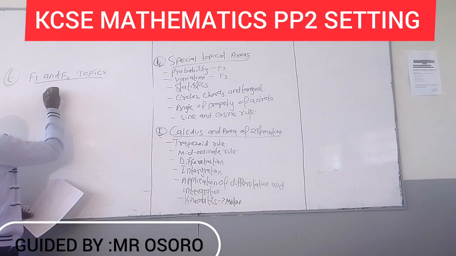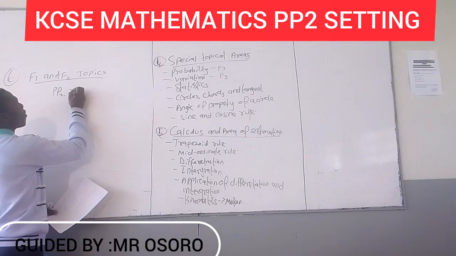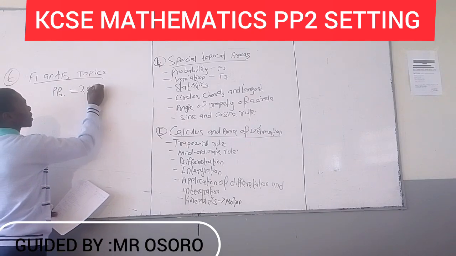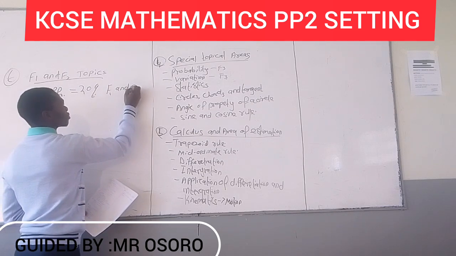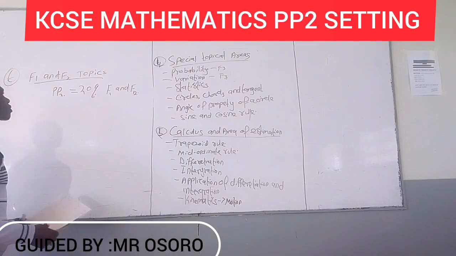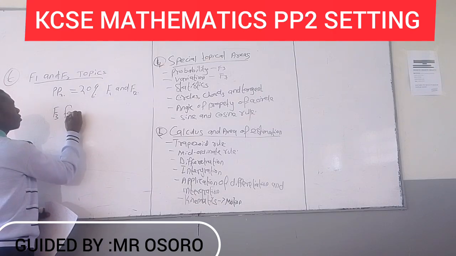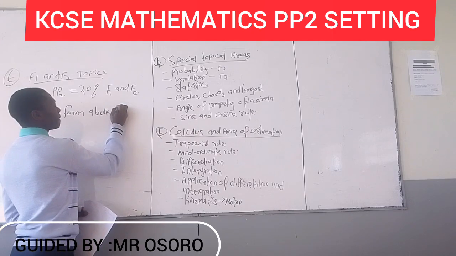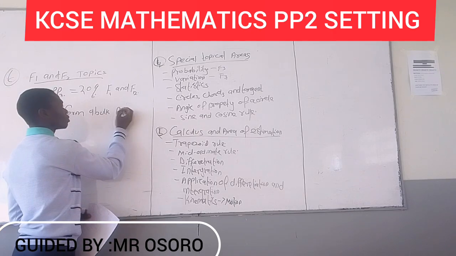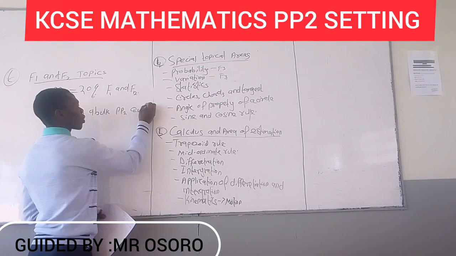You find that in Paper 2, they contain 20% of Form 1 and Form 2. At most, Form 3 and Form 4 make up the Paper 2 questions.